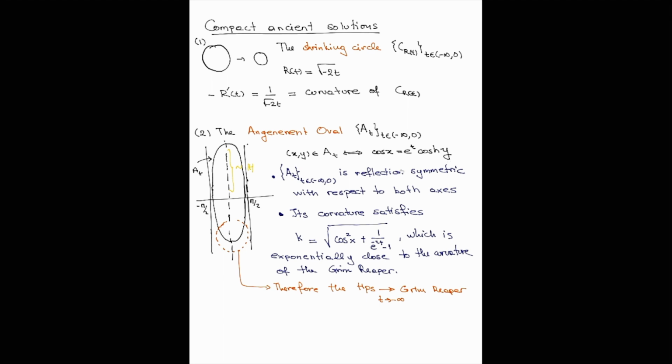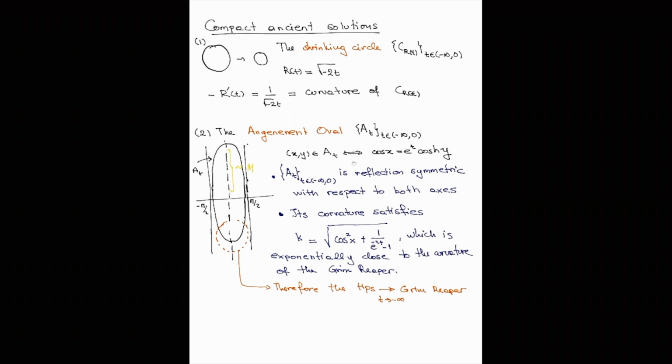This is just an equation. You can show that this satisfies curve shortening flow. But the important thing is to understand the picture. As t goes to minus infinity, these tips converge to grim reapers, and in the middle, I see two parallel lines.